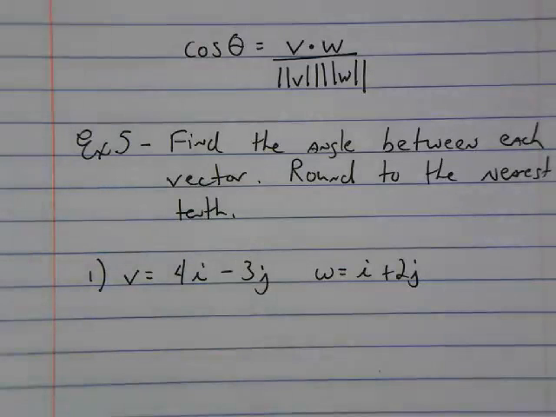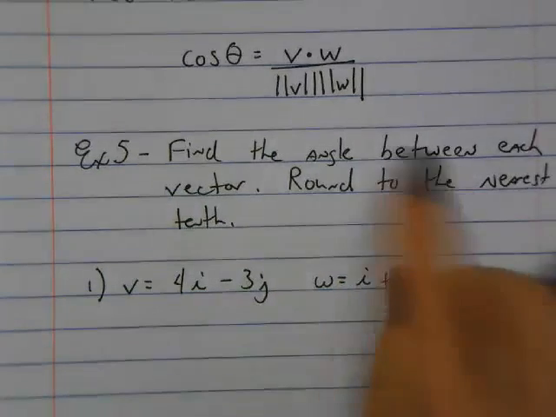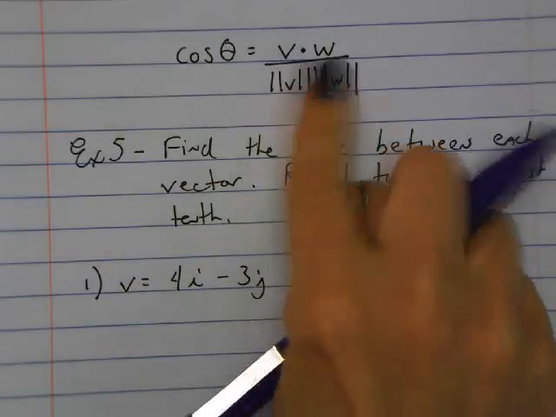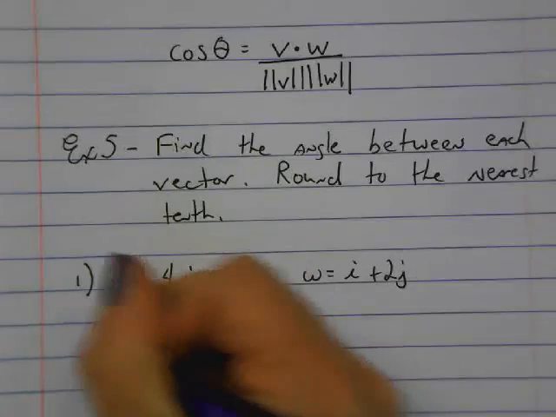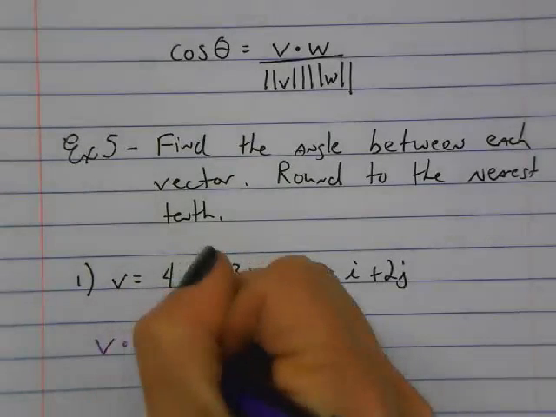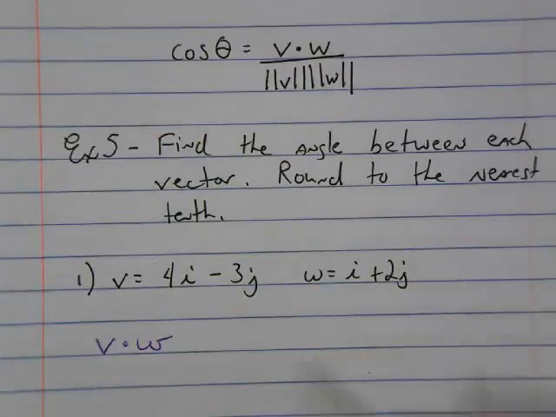Alright, so let's get started. The first thing we need to do is I need to find the dot product. So, step 1, find the dot product of v dot w.